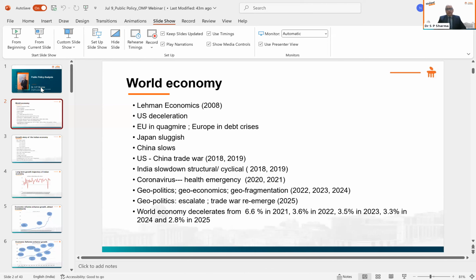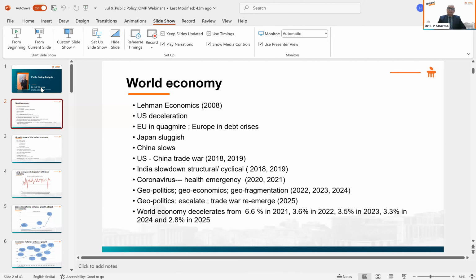So I am starting from the Lehman crisis of 2008, when the whole world was hit by the financial crisis, and the crisis spread through various channels to all the economies in the global economic system, through financial channels and the real estate channels. The whole economies were impacted by significant deceleration in their respective GDPs.